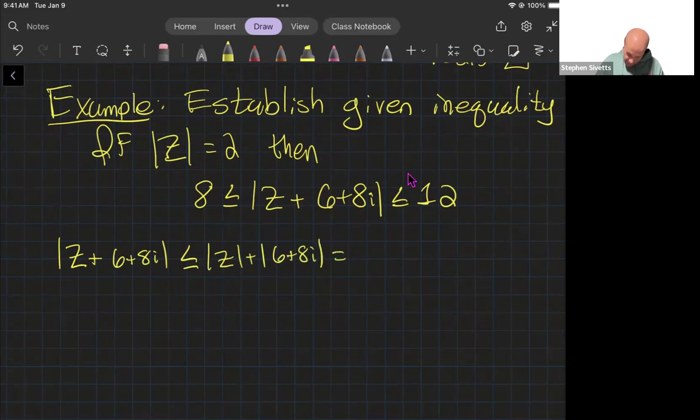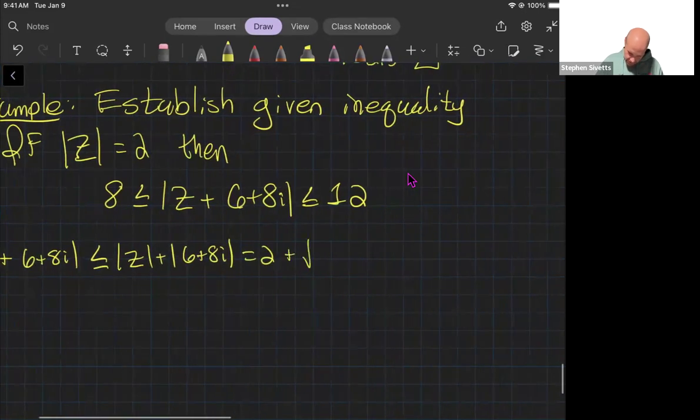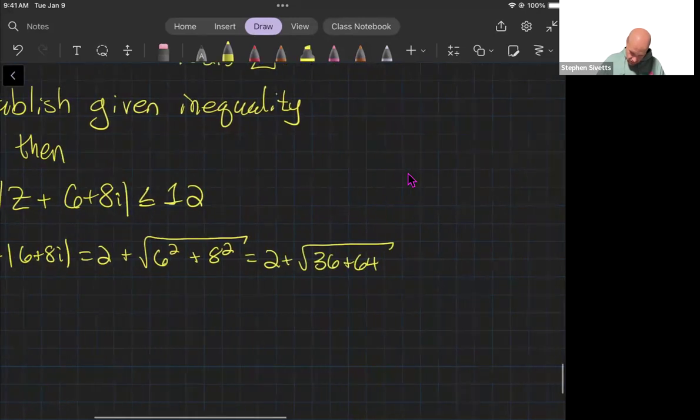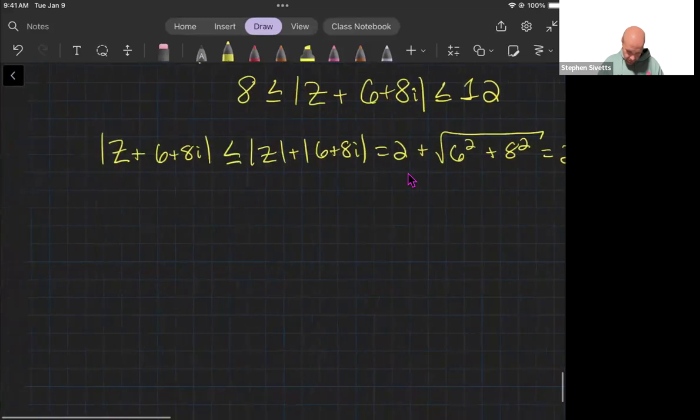And this equals 2 plus the square root of 6 squared plus 8 squared, 36 plus 64. So that's the square root of 100, so that's 10. So you get an upper bound of 12.